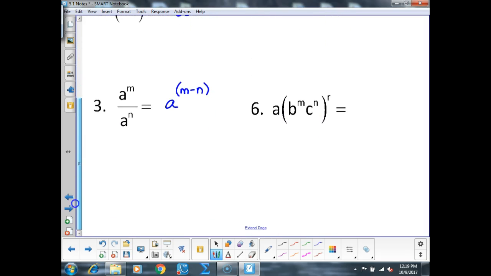And number 6 is just kind of a cluster. When you have multiple things inside of your exponent, you distribute to the exponents, and so that would be a times b to the m power times c to the n power.